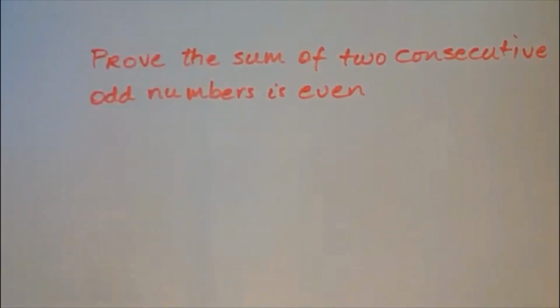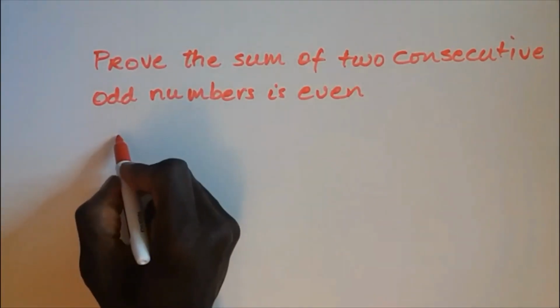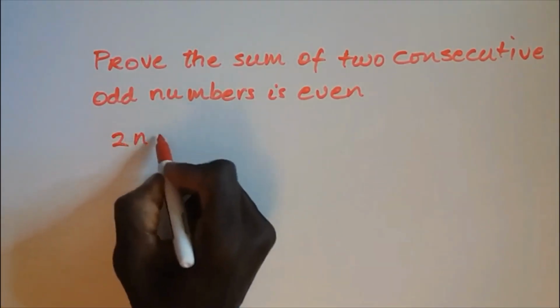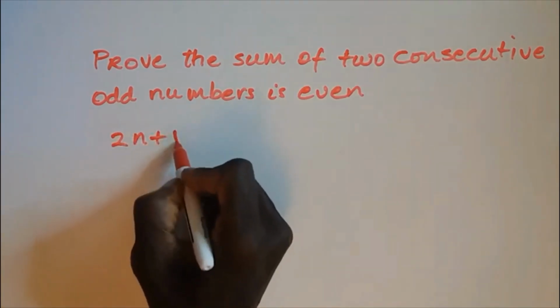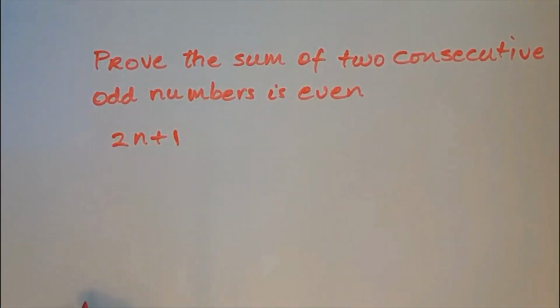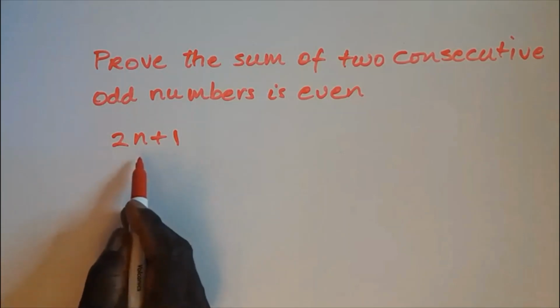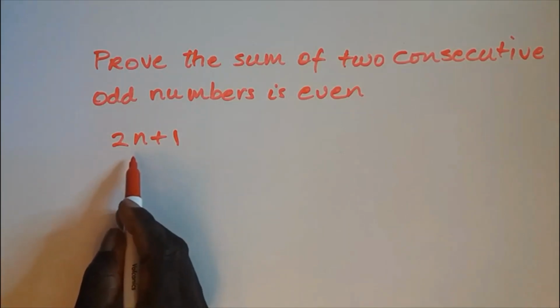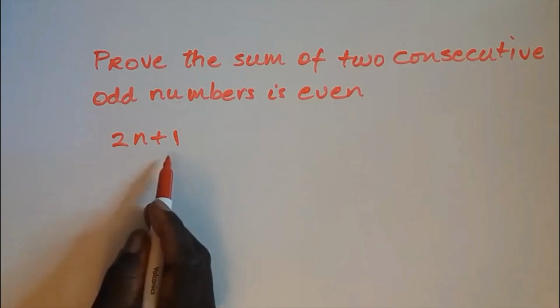Right, we're asked to prove the sum of two consecutive odd numbers is even. In proof, we always use 2n add 1 to indicate an odd number. So for instance, if n is equal to 0, then this would be the first odd number, 1.